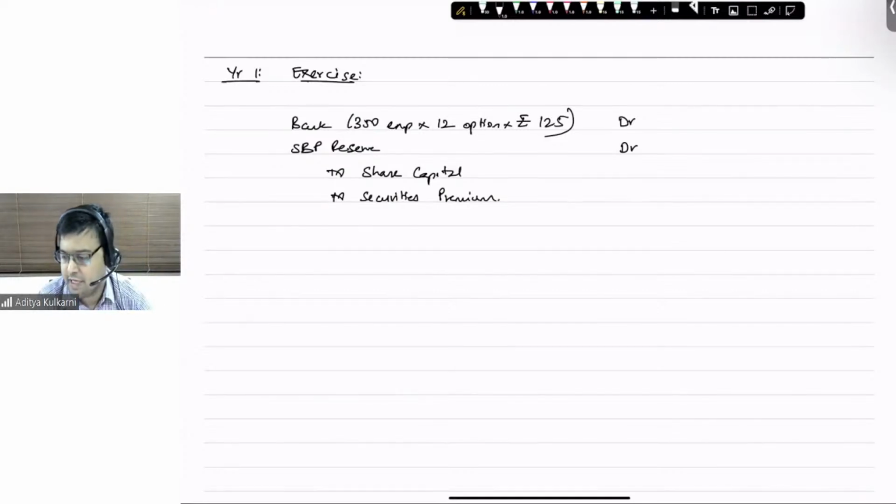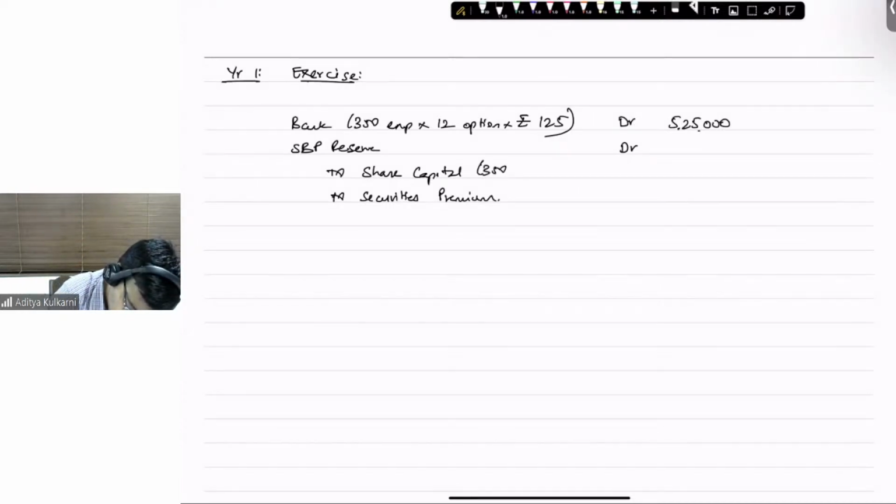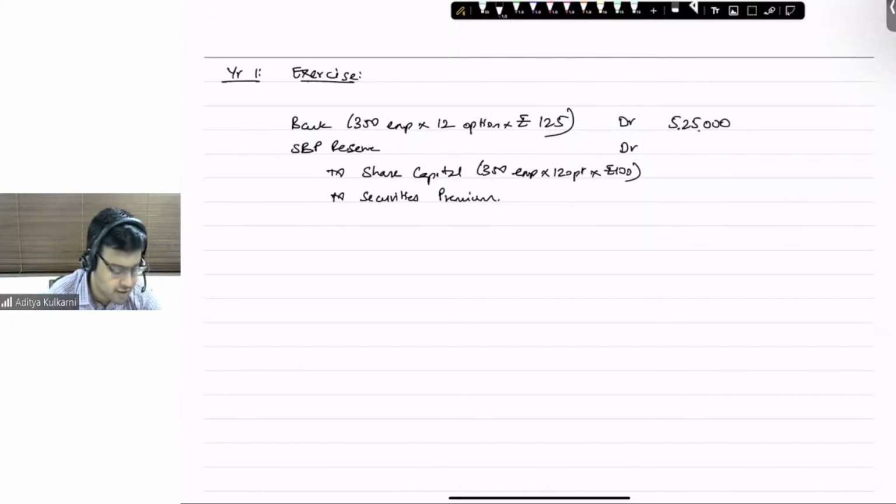So 350 into 12 into 125 gives you 5,25,000. What will be the number of shares? 350 employees into 12 options. Shares will be credited with 100 rupees. So 350 into 12 into 100 is 4,20,000.